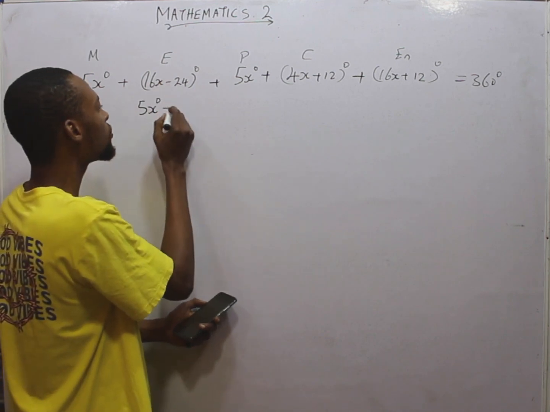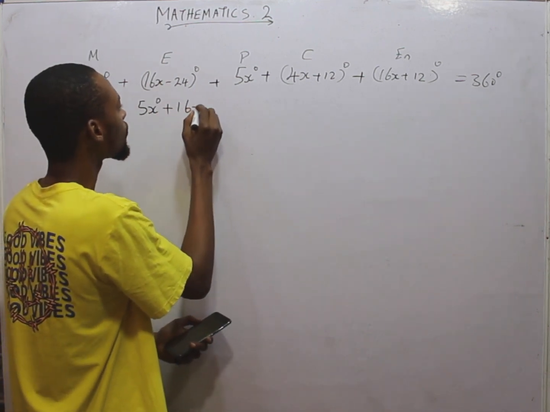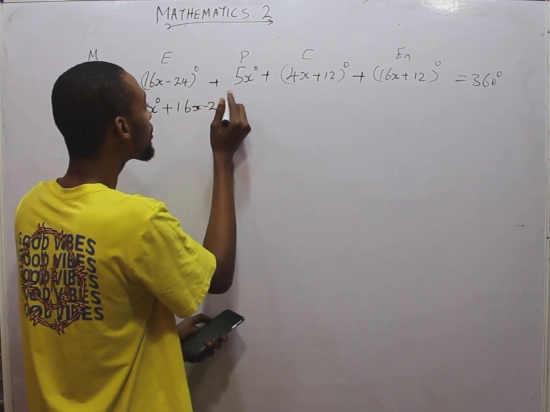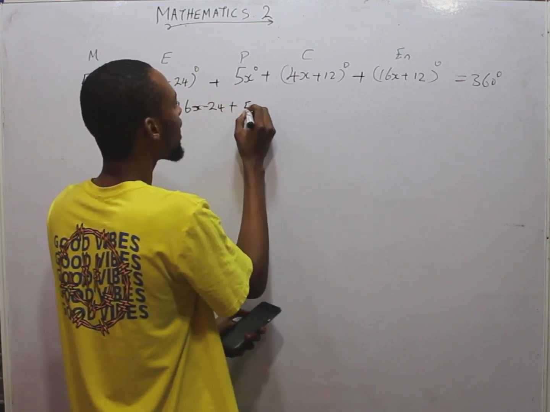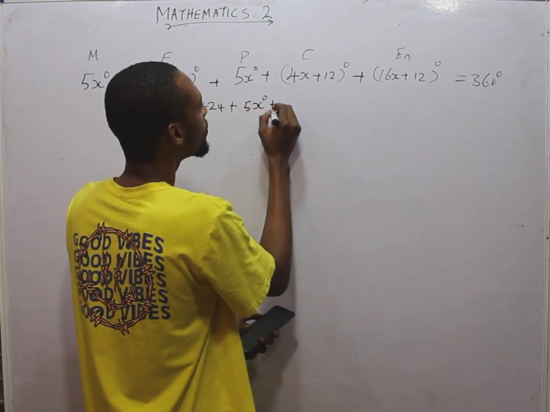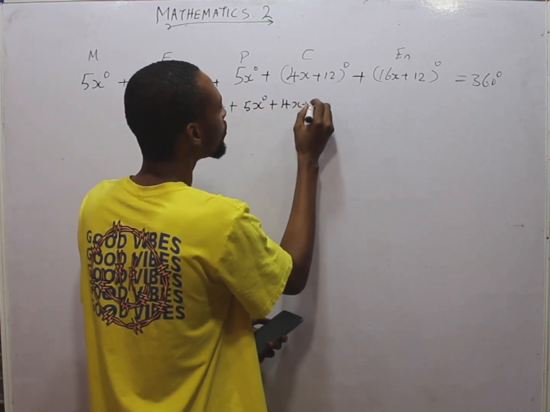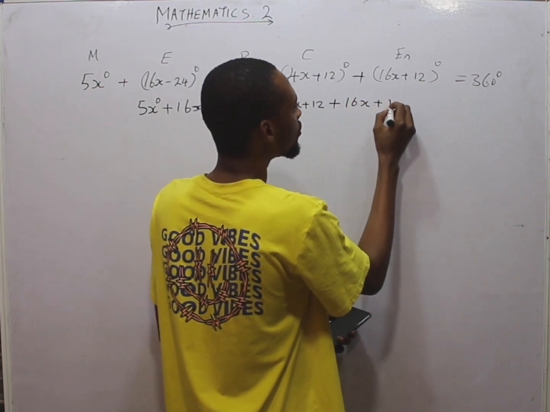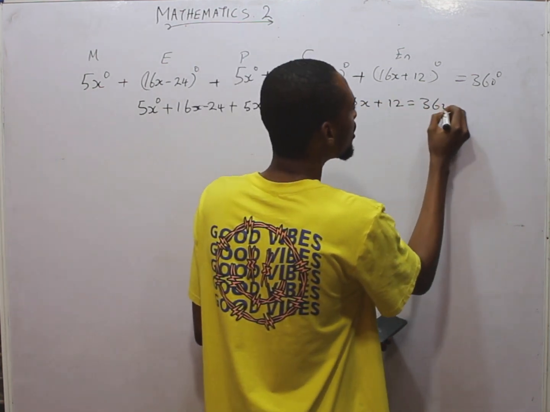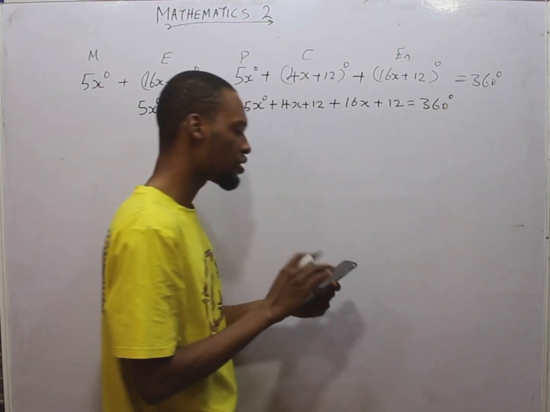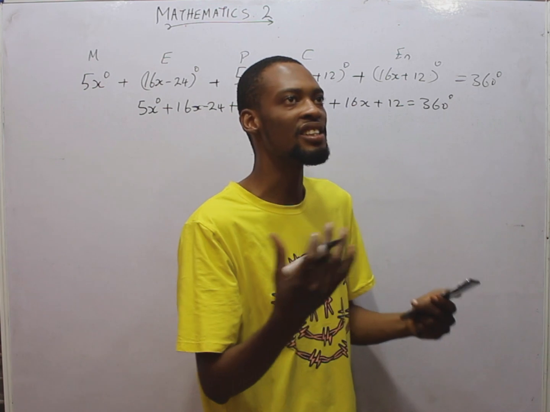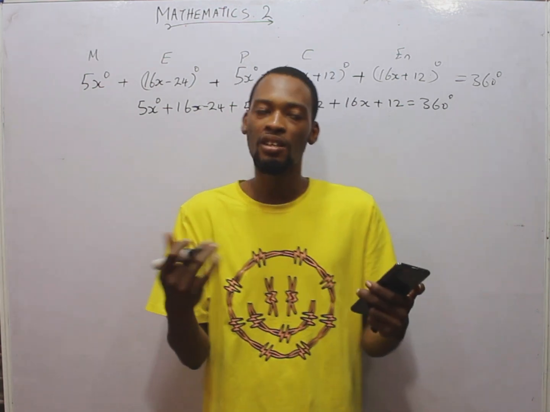So let's just open the bracket: minus 24 degrees plus 5s degrees plus 4s plus 12 plus 16s plus 12 equals 360 degrees, the sum of angles in a circle. And the sum of angles in a straight line is 180 degrees.